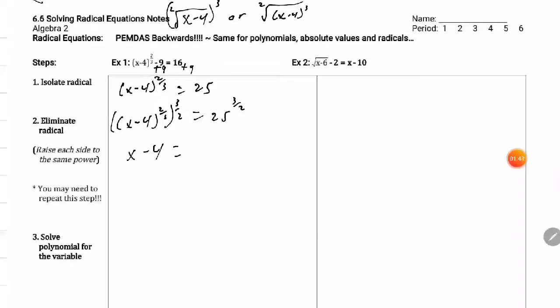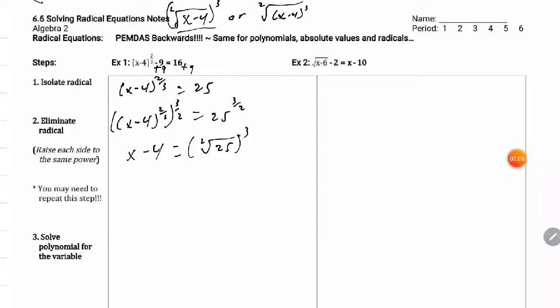Okay, so 25 to the 3/2, I'm going to use the first method here, which is the square root of 25, and then I'm going to cube it afterwards. Okay?